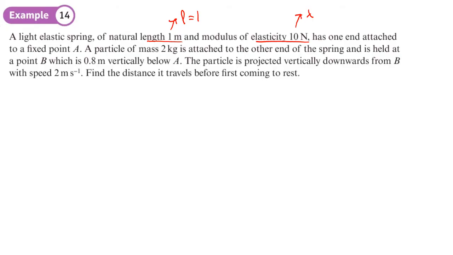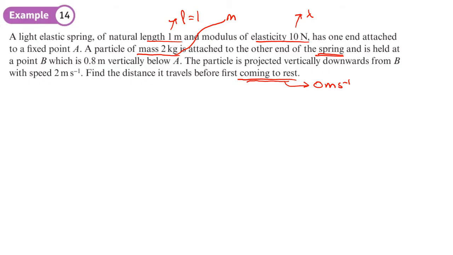It is attached to a fixed point, and a mass of 2 kg this time is attached to the other end of the spring and is held at point B, which is 0.8 meters vertically below A. The particle is projected vertically downwards from B with speed 2 meters per second. Find the distance it travels before first coming to rest. Yeah, so when the speed is 0 meters per second.